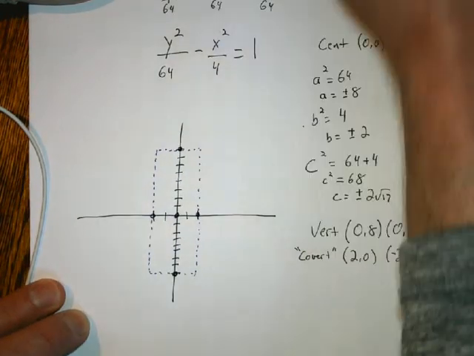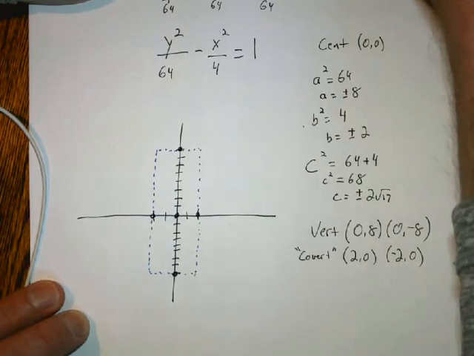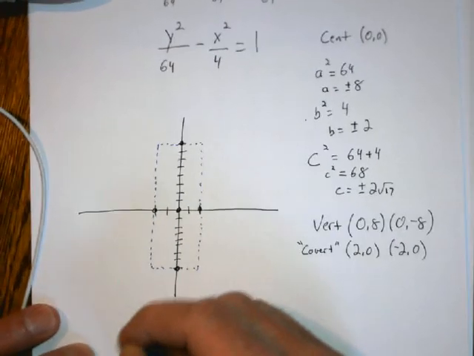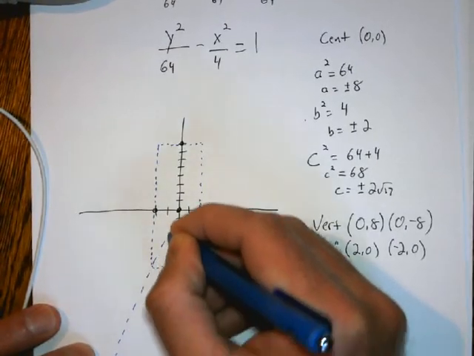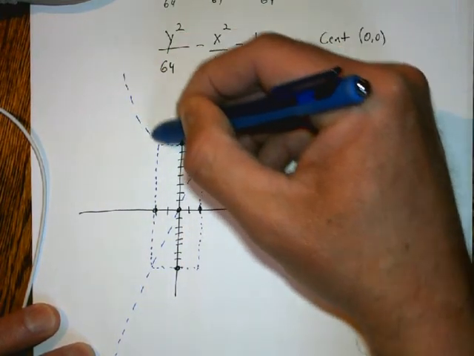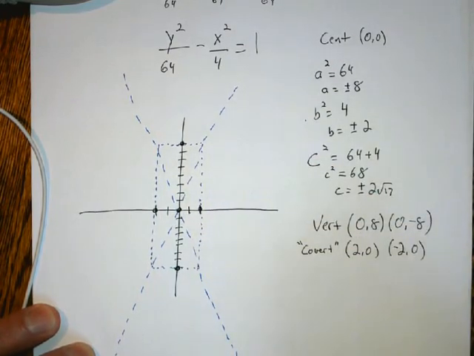Zoom out a little bit here. All right, well, anyway. So we'll draw up our asymptotes. Okay. Focus.